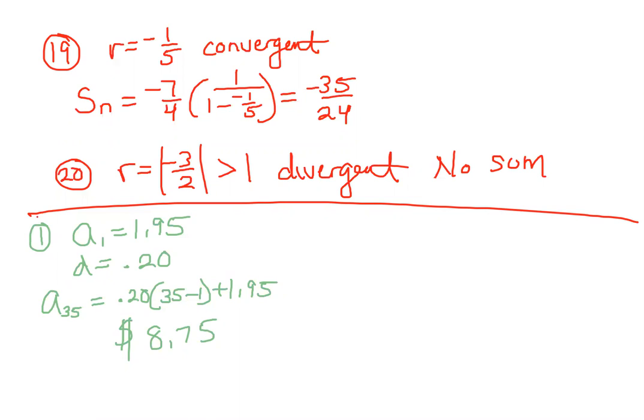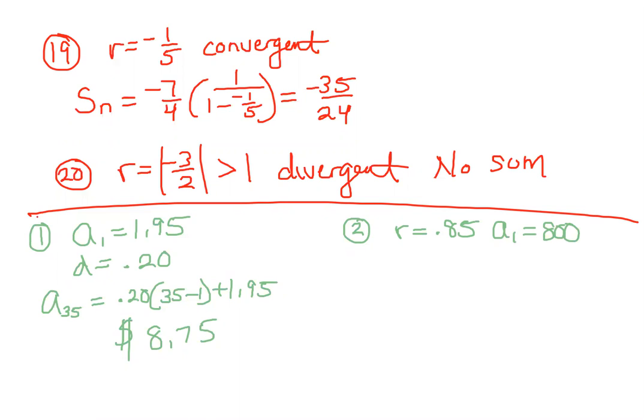If you take 680 divided by 800, you get 0.85. 578 divided by 680, you get 0.85. So this is geometric, and r equals 0.85, and A1 equals 800.